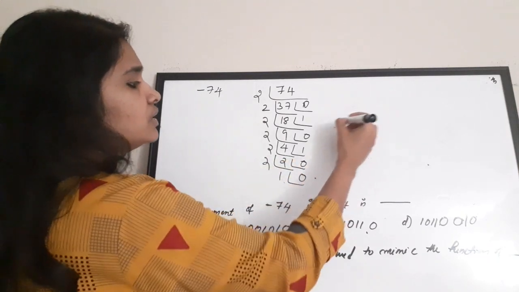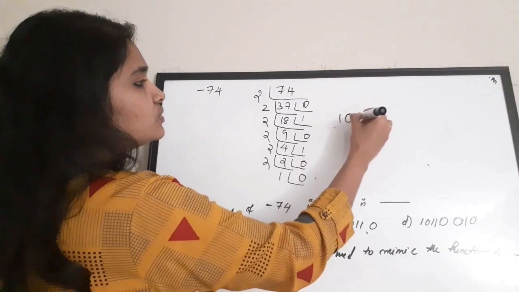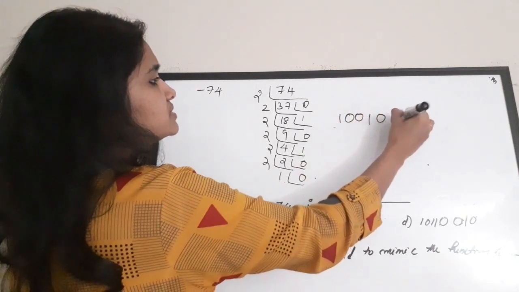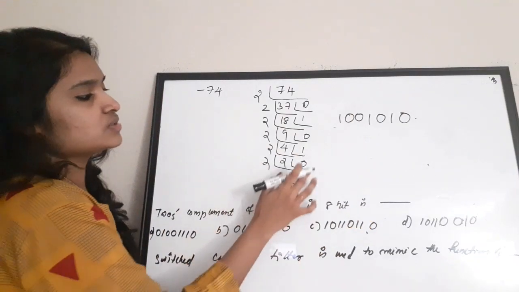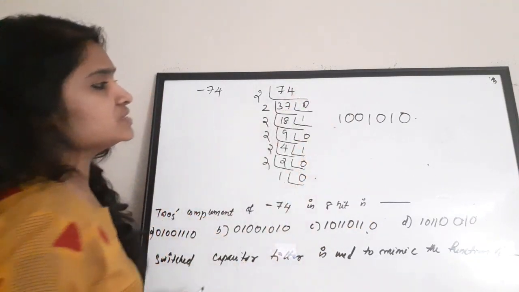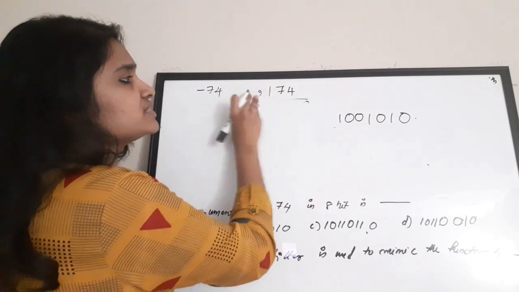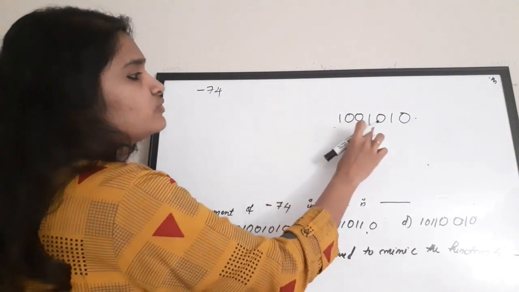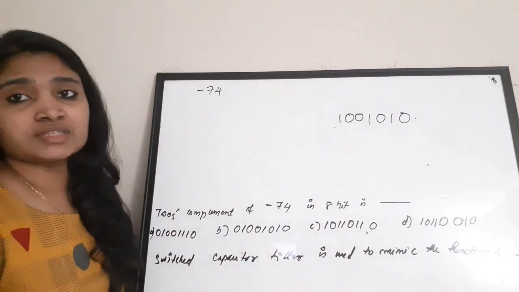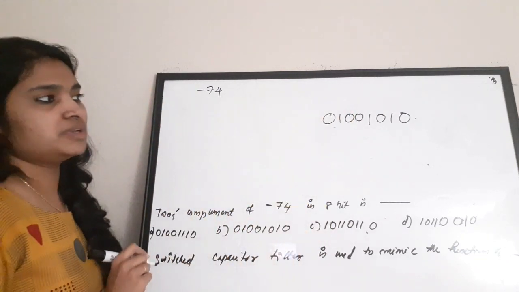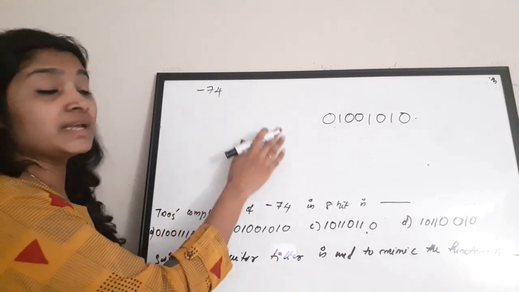I'll write it for you. 1, 0, 0, 1, 0, 1, 0. So this is the representation of 74. In how many bits is it? 1, 2, 3, 4, 5, 6, 7. There are only 7 bits. So for that, we will add a 0 here. This is the 8-bit representation of plus 74.